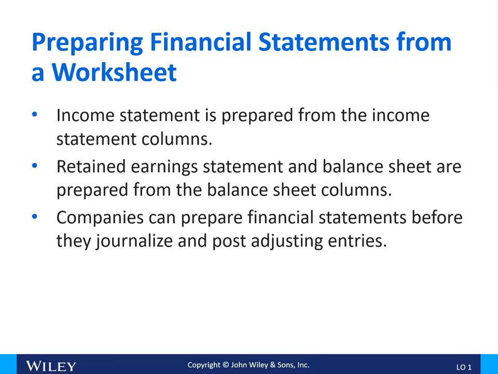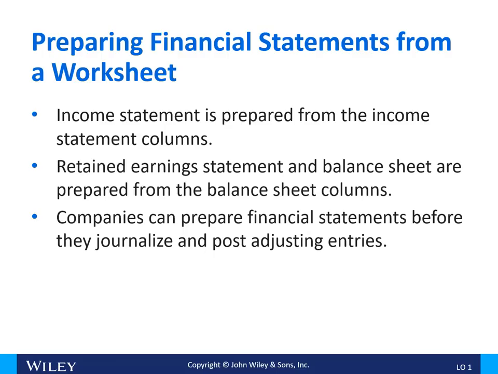Now we can prepare our financial statements from the worksheet. The income statement is prepared from the income statement columns. The retained earnings statement and balance sheet are prepared from the balance sheet columns. Companies can prepare financial statements before they journalize and post adjusting entries. So going through the process we just went through, the adjustment columns are just coming up with what the adjustments are.